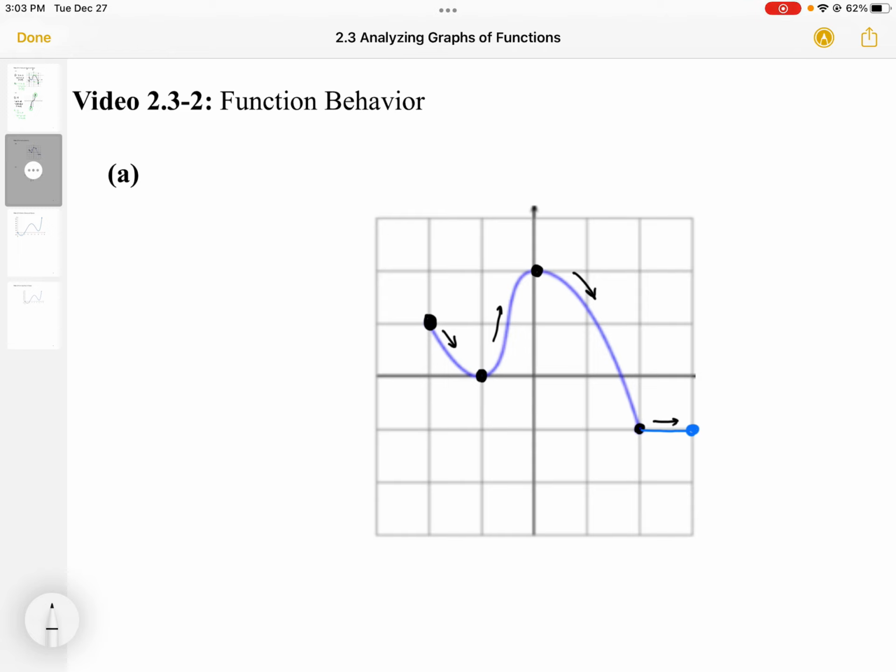So let's identify when the graph is increasing. Anytime we're describing the intervals where the graph is increasing or decreasing or constant, we are giving an interval in terms of x.